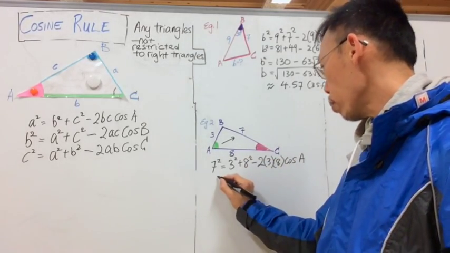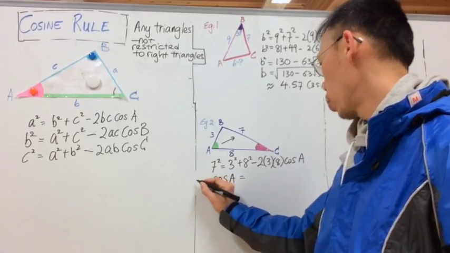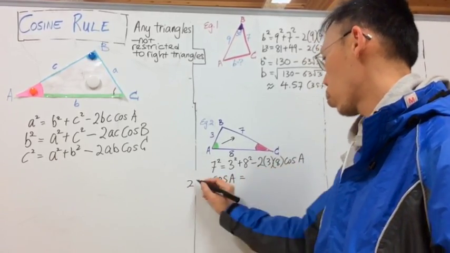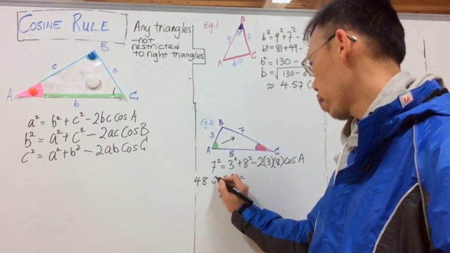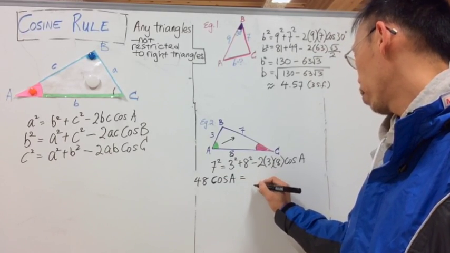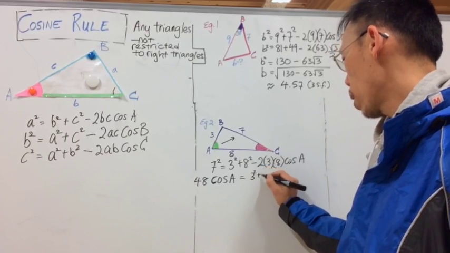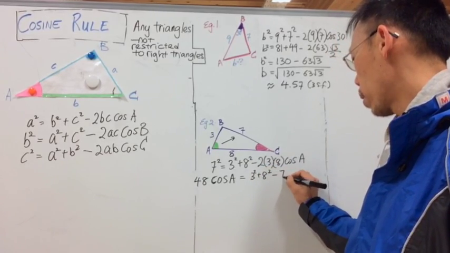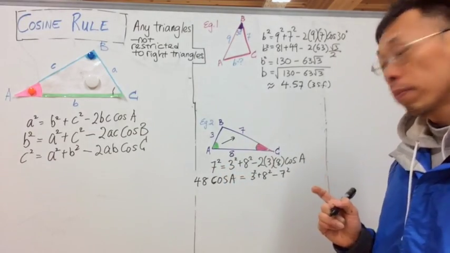So cosine A is equal to 3 square plus 8 square minus 7 square over 2 times 3 times 8, which is 48. Basically, I rearrange this formula here.